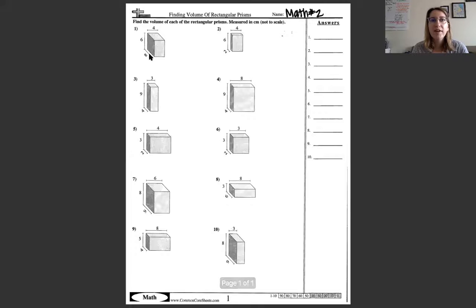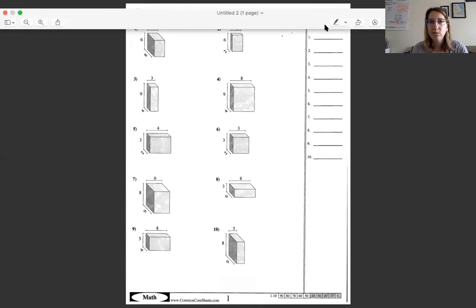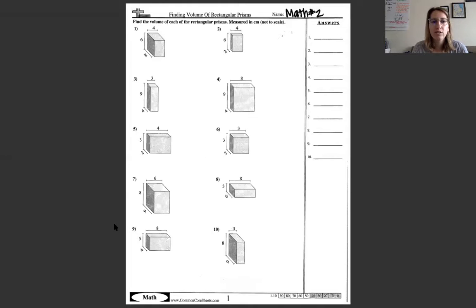So the very first one we already did together, which is kind of nice. The answer to number one was 192 centimeters cubed.